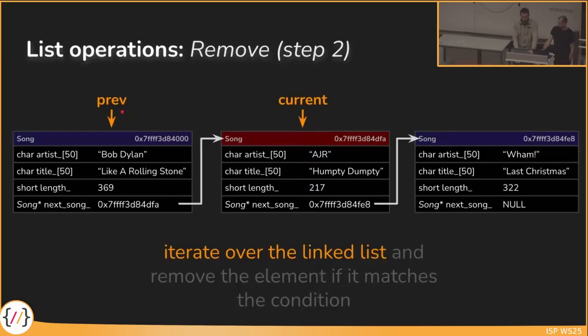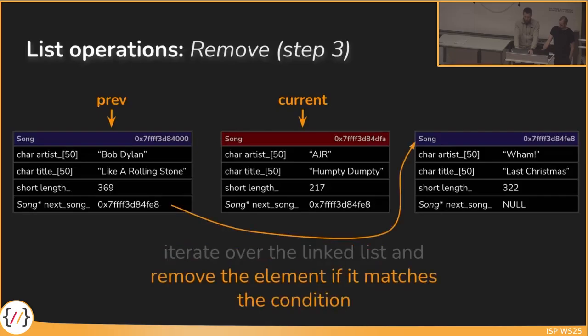So we always have a previous pointer to the previous element and a current pointer to the current element. And now what we can do is set the next song pointer of the previous element to not be the current element, but the address of the next song of the current element, so that this pointer now points to the third song. So the idea is to get to the element you want to delete and set the pointer of the previous element to the next element.